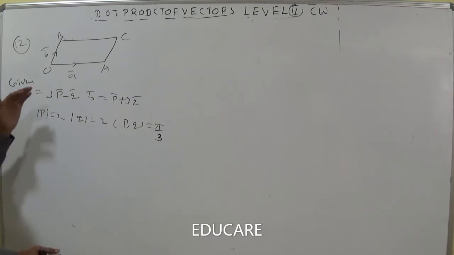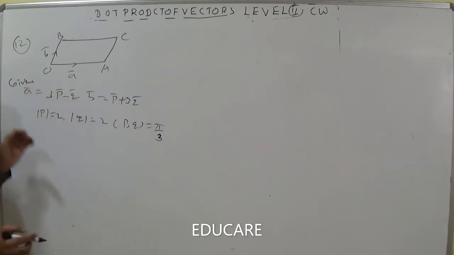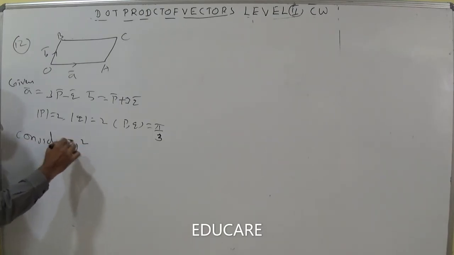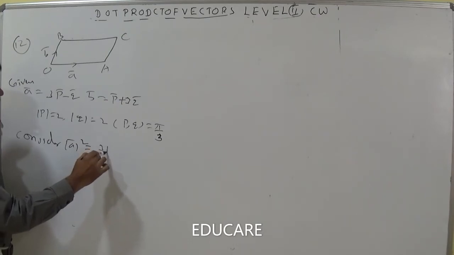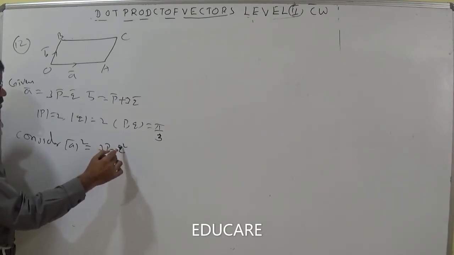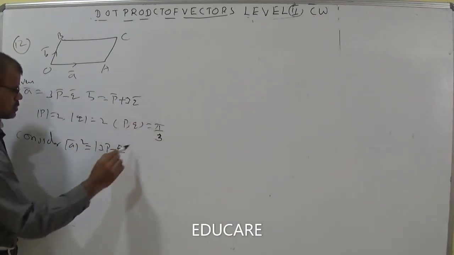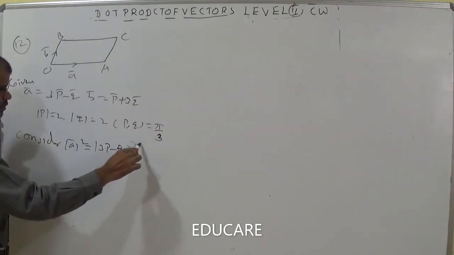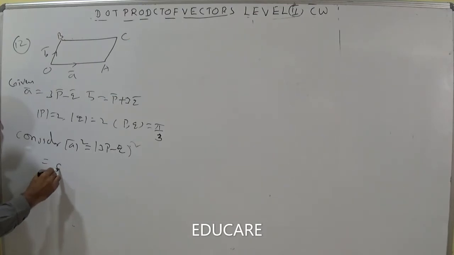Two sides, then the ratio of lengths you should calculate. So to calculate the ratio, you should not directly write A is equal to 3P minus Q. Now you should write, consider A bar square. You write 3P minus Q whole square. What is the value of 3P minus Q whole square?